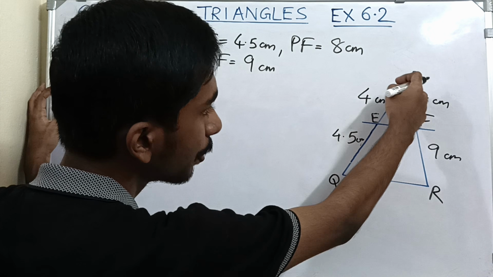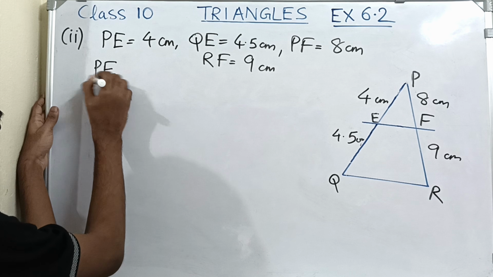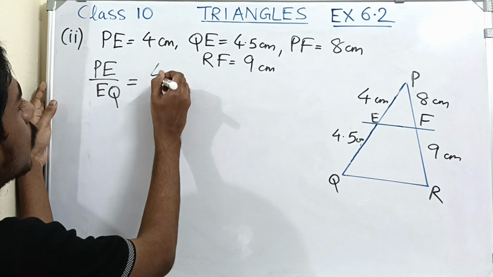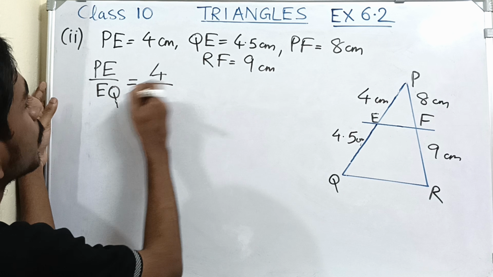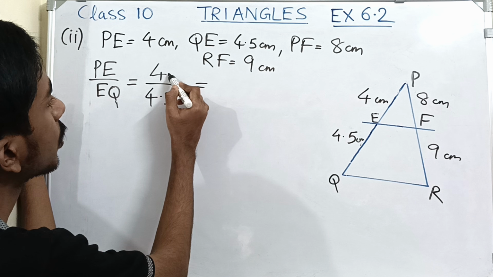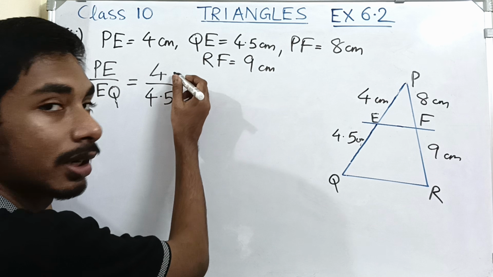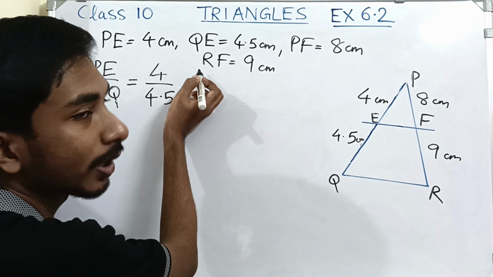Now first let us take PE over EQ. PE is what? 4 by EQ and QE both are same. So 4.5, which is equal to, the point is here. You can shift the point like this in both the numerator and denominator to the right side.